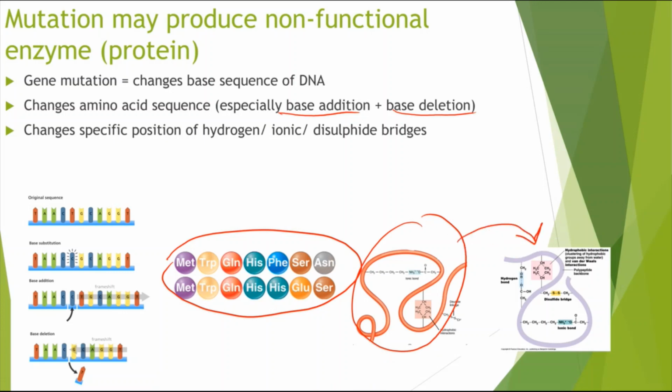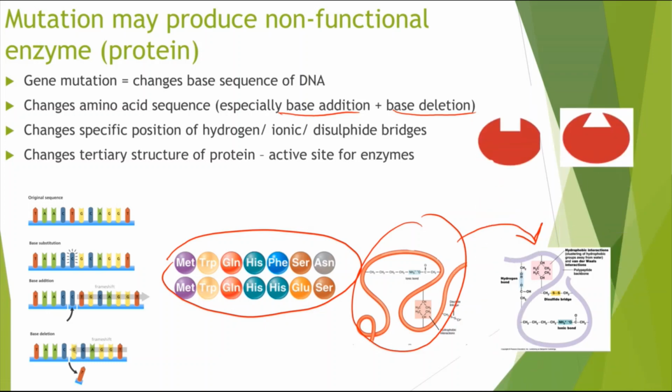As you can see, these have different structures because they have different hydrogen, ionic, disulfide bridges, and the bonds have formed in different places due to the position of the amino acids. And this would ultimately change the tertiary structure of the protein, and it can lead to the active site's shape changing in the case of enzymes.